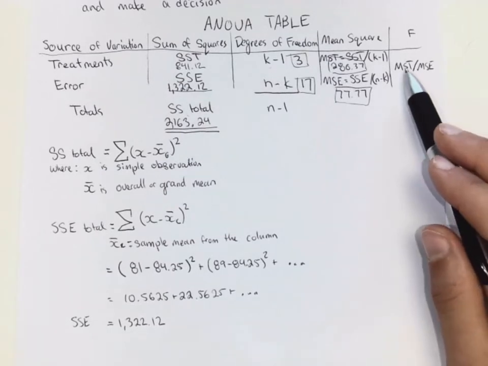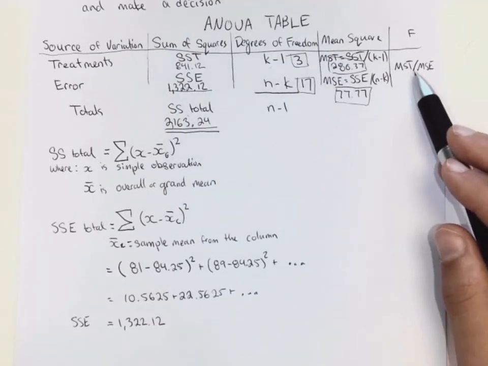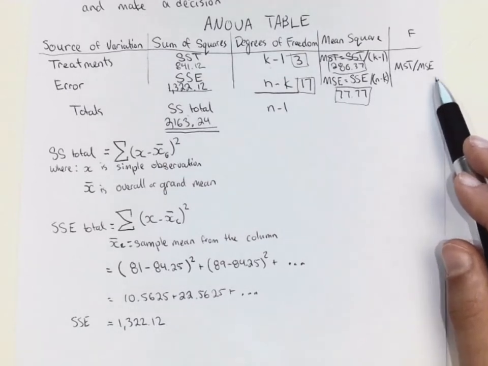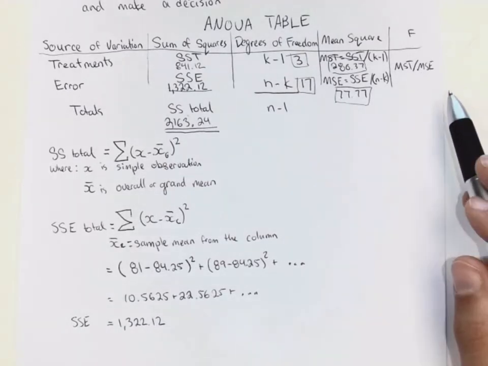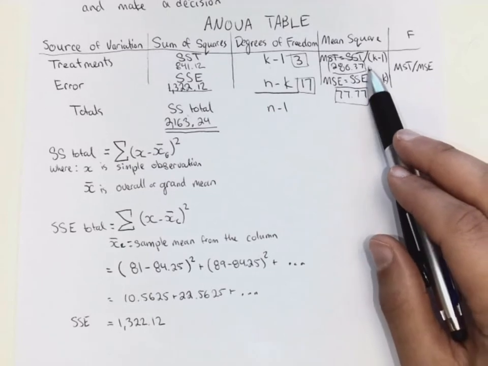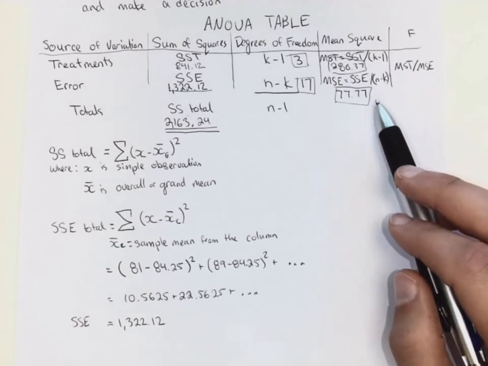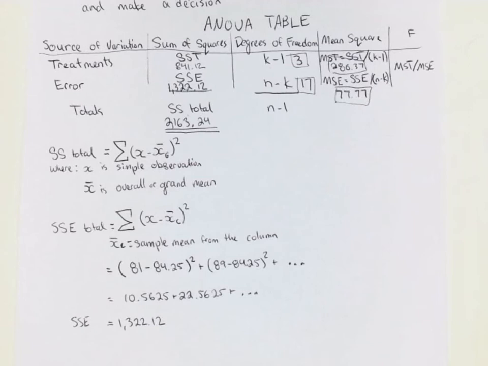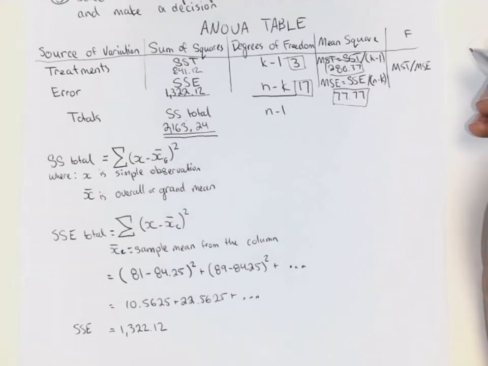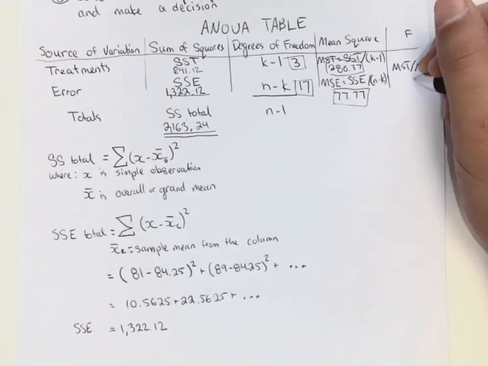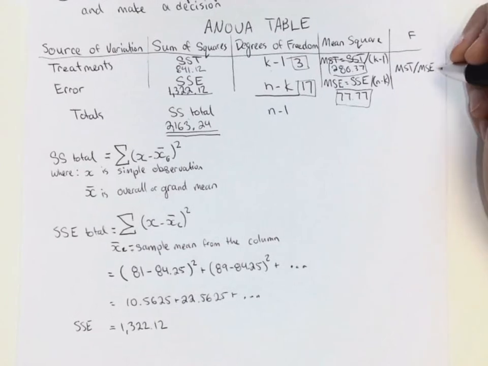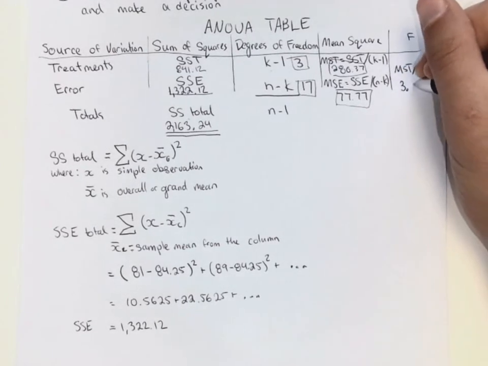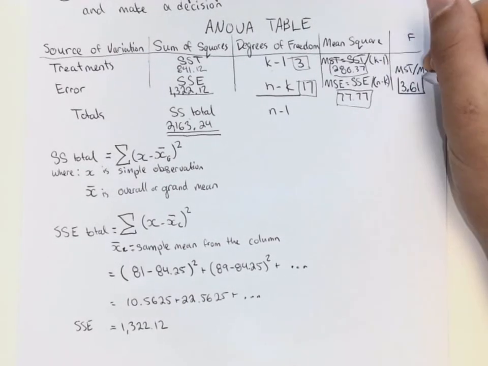So now we can take our MST, or our mean square of our treatments, and divide it by our mean square of our errors. And that's going to determine our F value. So 280.37 divided by 77.7. We get an F amount of 3.61.